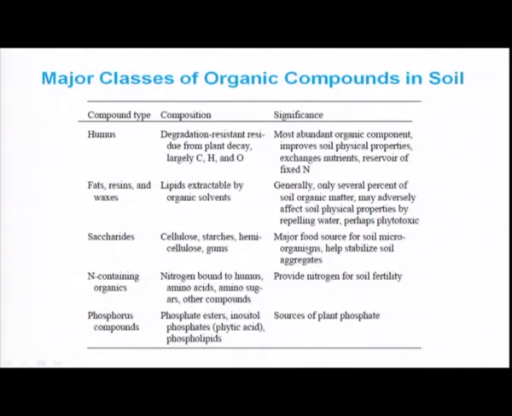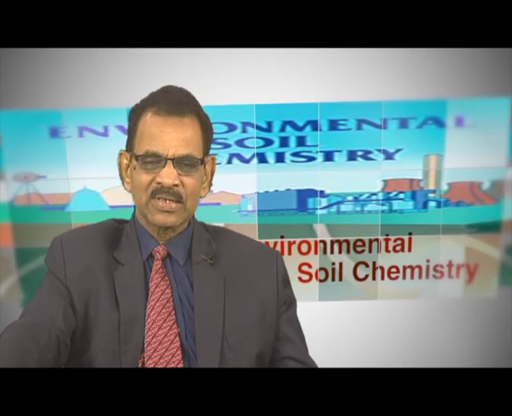Not only this, these saccharides help to stabilize soil aggregate formation, acting as a binding agent and helping in the formation of larger aggregates in the soil. So, in that way the saccharide composition is also very important to the soil.